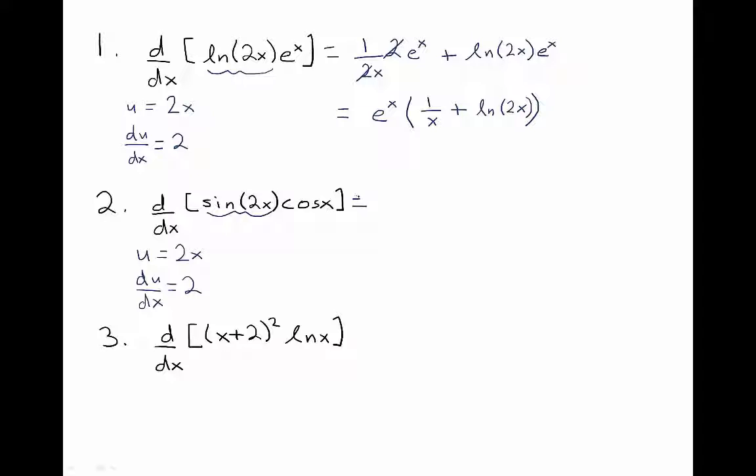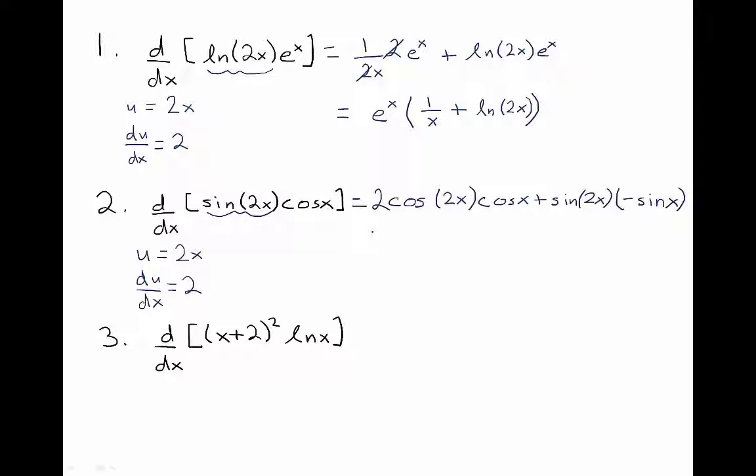The derivative of sine of u is cosine of u, and u is 2x, so that's cosine of 2x. Then we multiply by our du/dx, that's the 2, and we leave our cosine of x alone. Then we add on, leaving the sine of 2x alone, and take the derivative of cosine, which is minus sine.